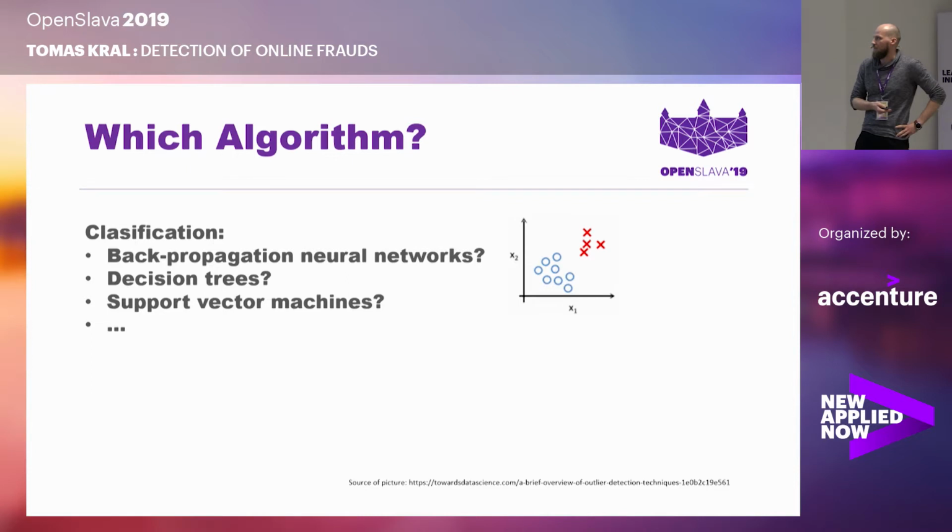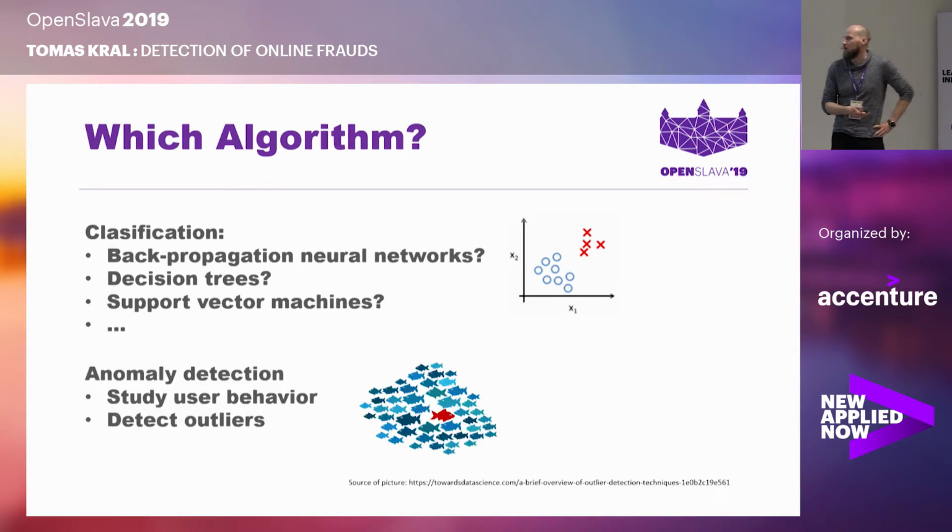There is a huge imbalance between fraud and not-fraud data. What else can we try? We can try anomaly detection, for example. In this approach, we usually study the behavior of a normal or standard user, and then detect anomalies, so-called outliers.